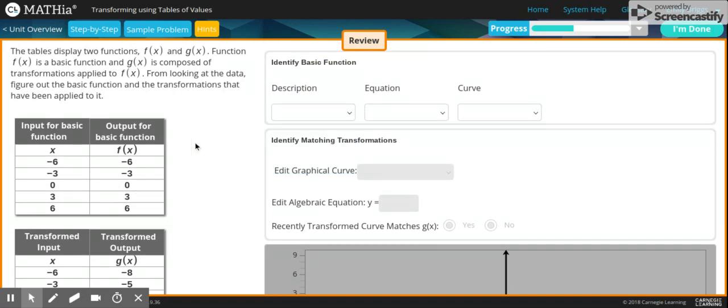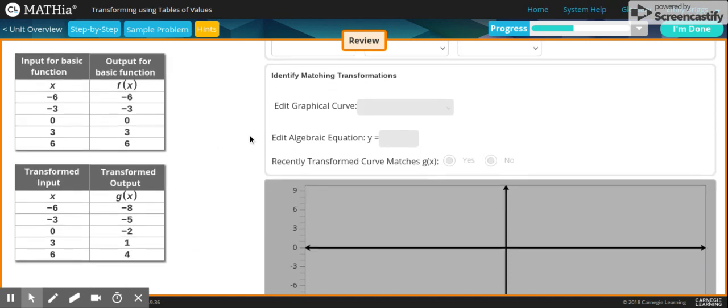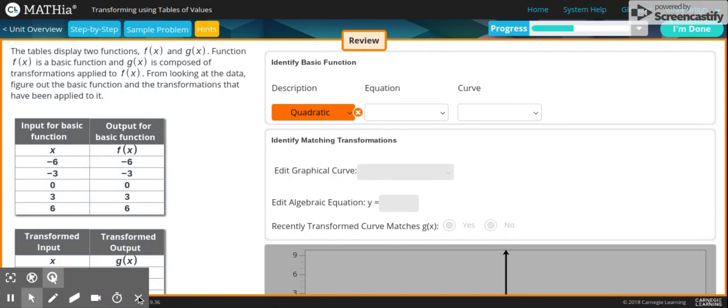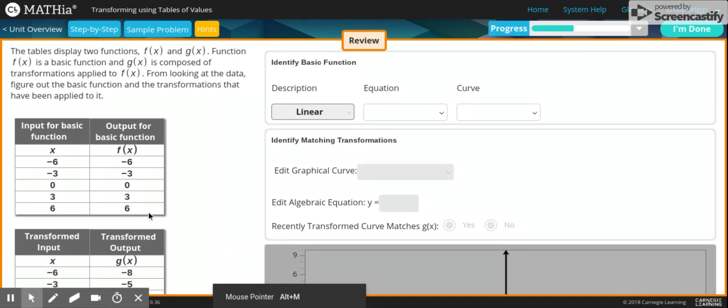And then because there's an absolute minimum on both of them, it means that it is quadratic. Okay, so I didn't actually look at the graphs very close, but it doesn't have an absolute minimum or maximum because it's linear, because -6, -3, 0, 3, and 6 are all different numbers.